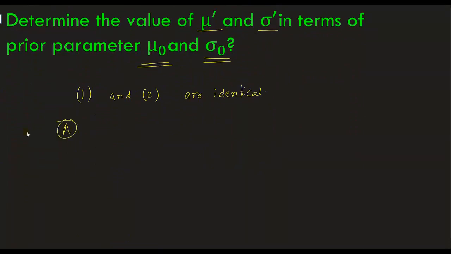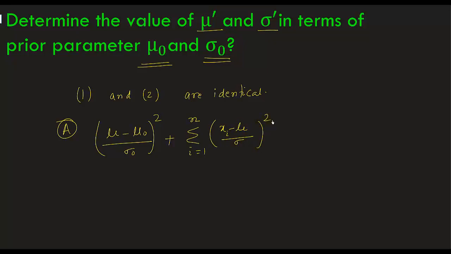So the a term is nothing but (mu minus mu naught) over sigma naught, raised to the power 2, plus the summation from i equals 1 to n of (xi minus mu) divided by sigma, squared. So this is the term that you have in equation 1, that is term a.